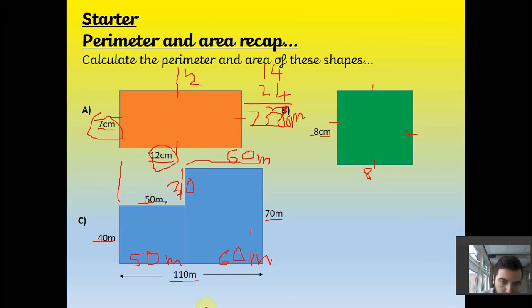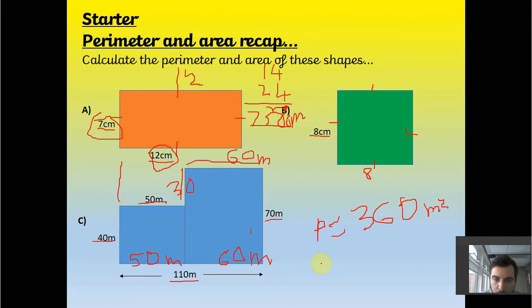Apologies, I missed that one out. Alright, so we've got 110 add 40, 150, 200, 230, 290, 360. So your perimeter would equal 360. So P equals 360 meters squared.